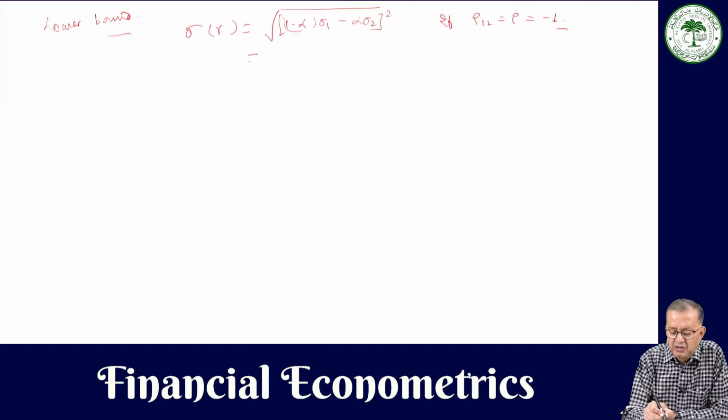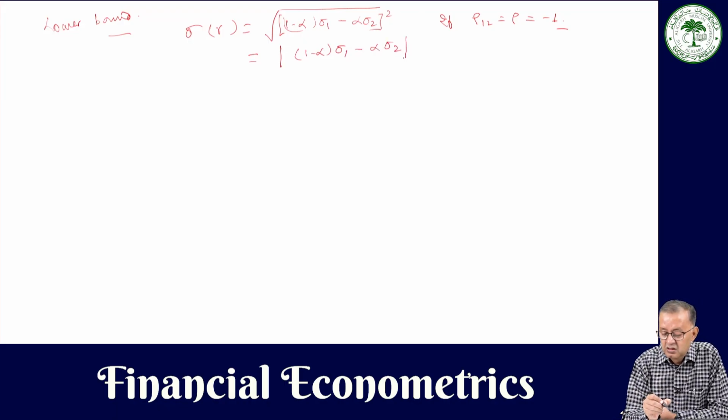So this value we can write down like this: (1 minus alpha) sigma 1 minus alpha sigma 2, within this boundary.